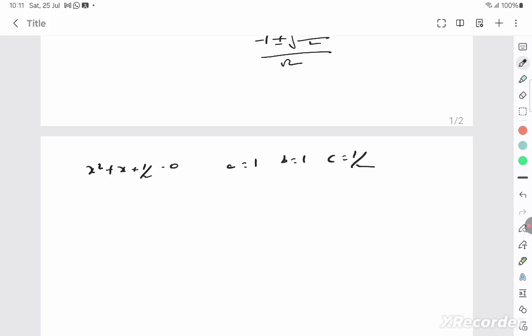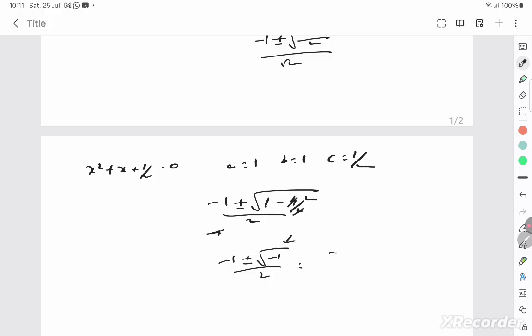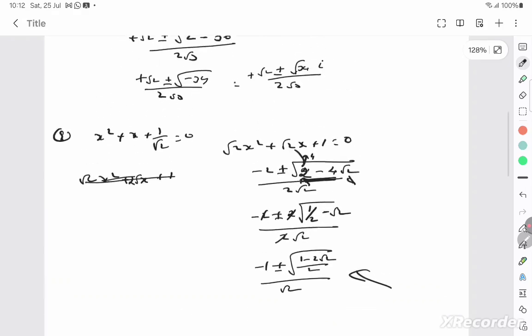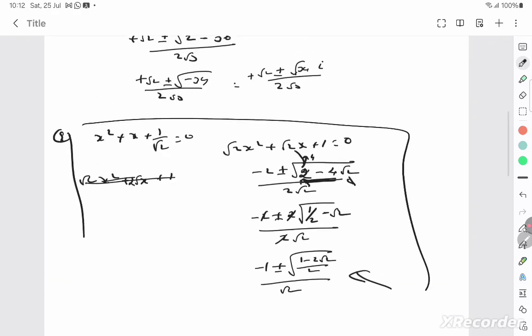If you see, you get minus b plus or minus root of b square minus 4ac by 2a, which fetches you a better answer. So this itself is minus 1 plus or minus i by 2. So it's minus 1 by 2 plus or minus i by 2. Isn't this a better answer than doing it like this? So let's stick to this method.